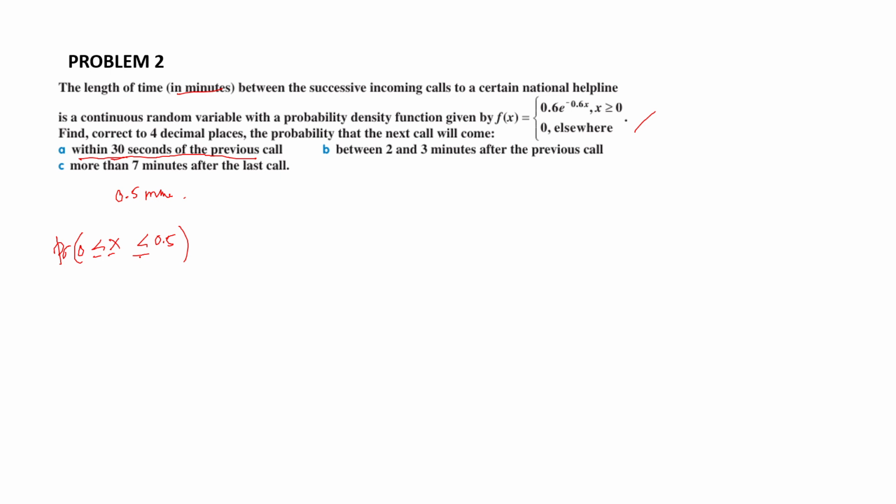So that is the closed interval from 0 to 0.5. So that's the integral from 0 to 0.5 of 0.6 e raised to negative 0.6x dx. So this is all about the exponential function. So if we're going to illustrate this, this is the illustration.